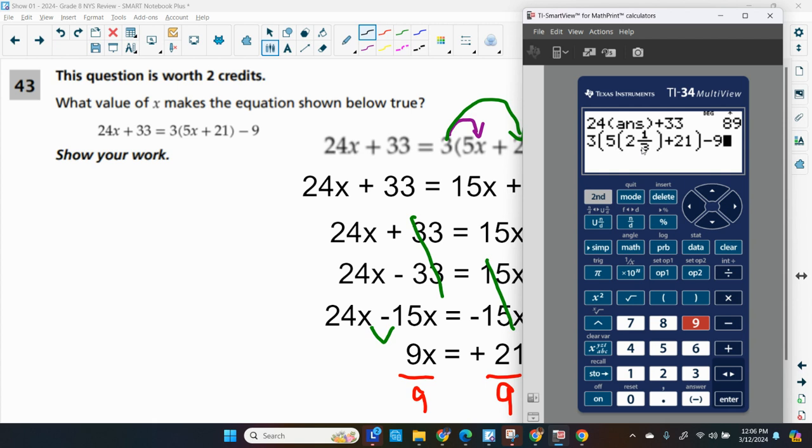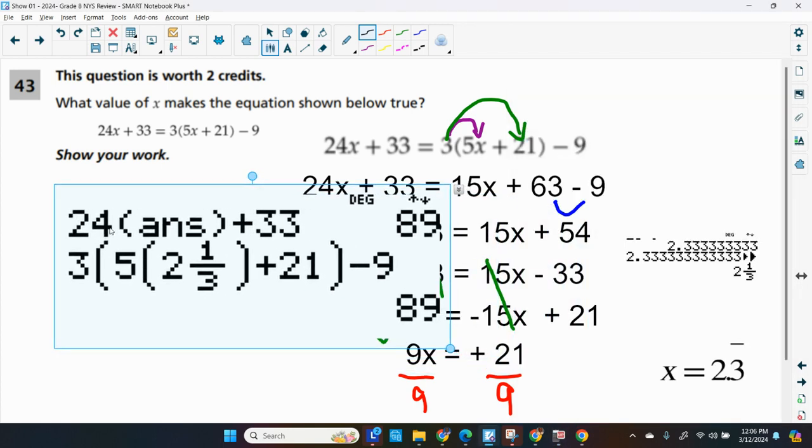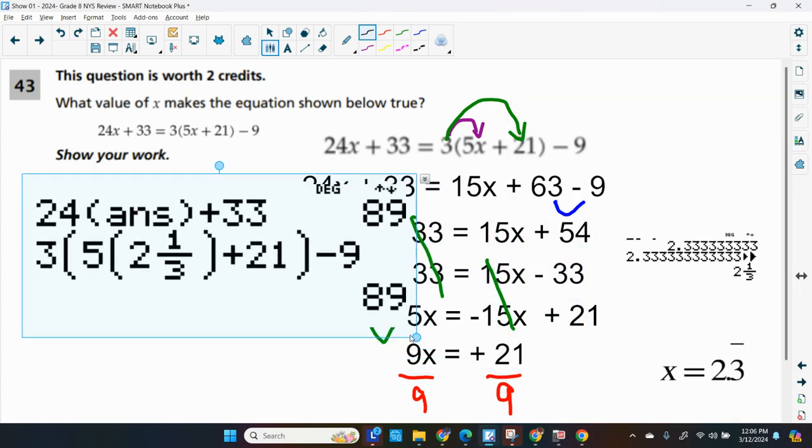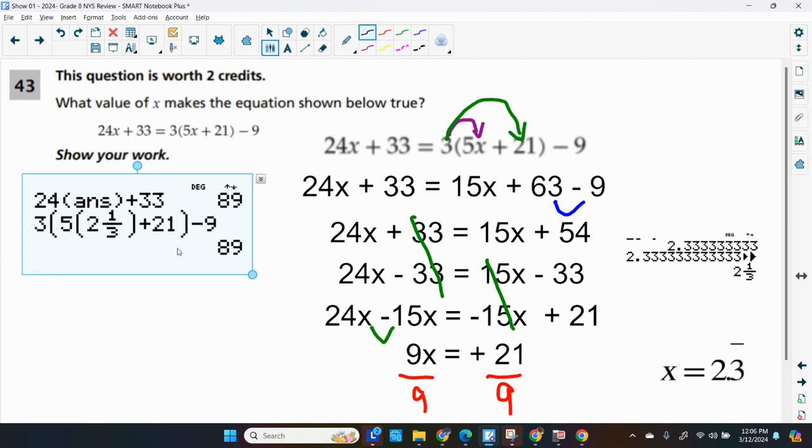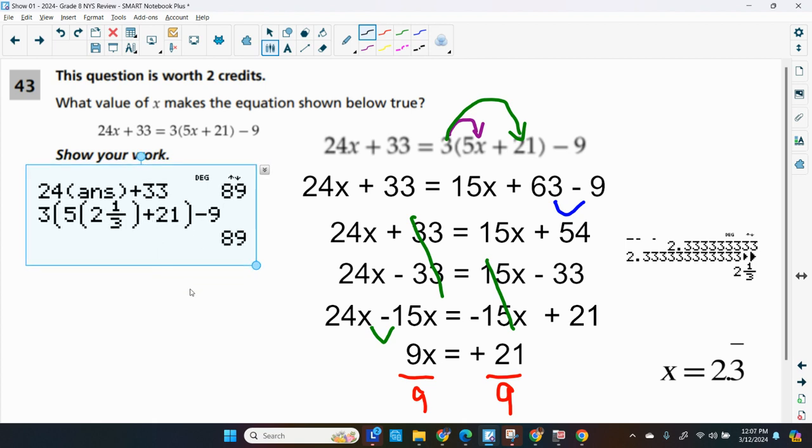Put my x value in there, 2 1/3. Close that parenthesis for that x plus 21. Another close parenthesis minus 9, and I should get 89. Yes, I did. So that's how you check to see if it's correct, by substitution of the answer back into the given equation.